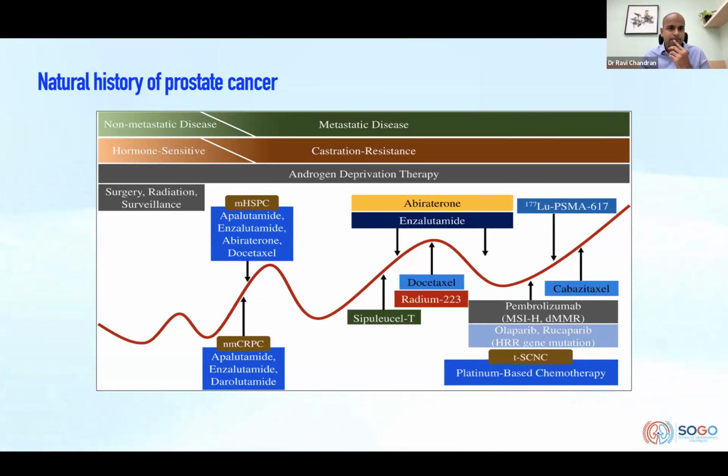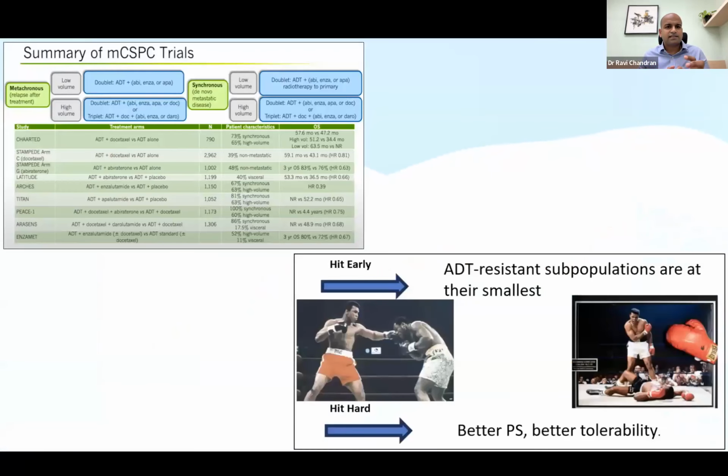Here I have just briefly summarized trials and drugs used in metastatic castration-sensitive prostate cancer. As we can see, to begin with, we were having monotherapy as a primary treatment. Probably 15 to 20 years back, if we had to talk about treatment of metastatic carcinoma prostate, it was just ADT as a monotherapy.